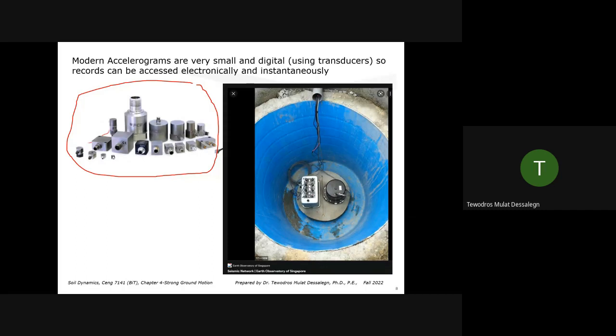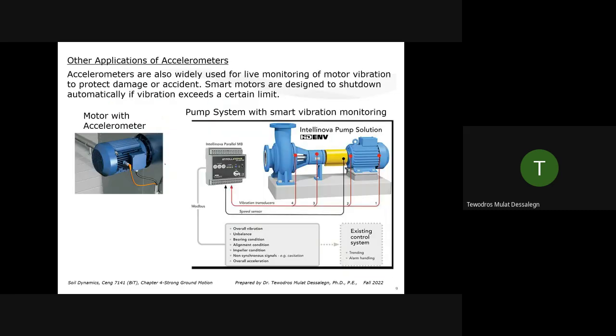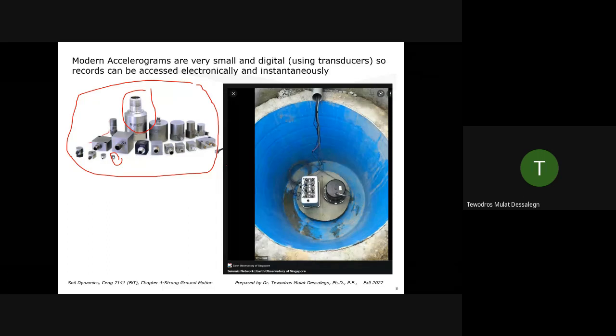So it records any motion and digitizes it, and we use accelerometers. They are very small inside, and can be made any desired size. But inside, that's what they have: a spring mass system, a tiny mass with a stiff spring.